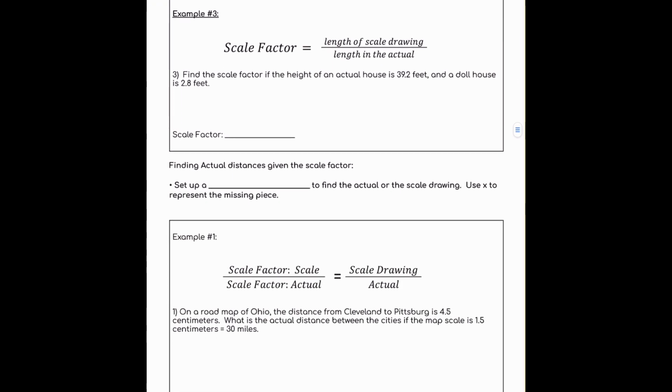Let's find the scale factor in example 3. Find the scale factor if the height of an actual house is 39.2 feet and a dollhouse is 2.8 feet. So 2.8 would go up top because that's the scale drawing size, and 39.2 feet would go on bottom.